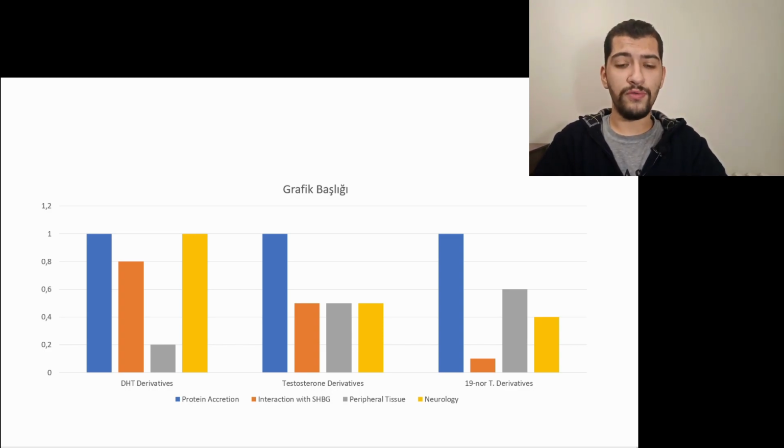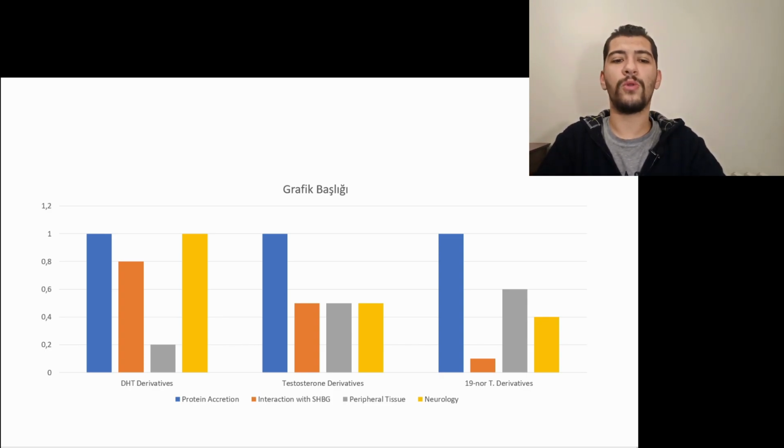So all of those families have muscle building capabilities, myotropic effects, not myotropic effects, my bad, actually protein accretion effects that are pretty much the same, almost. But they also have differences.